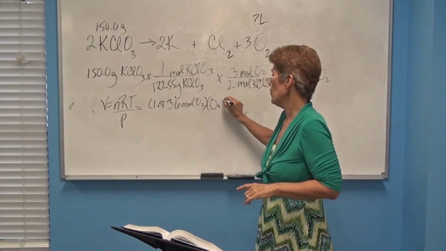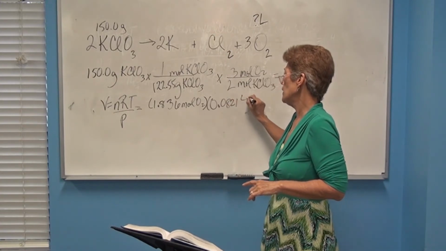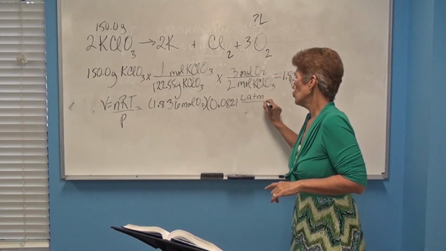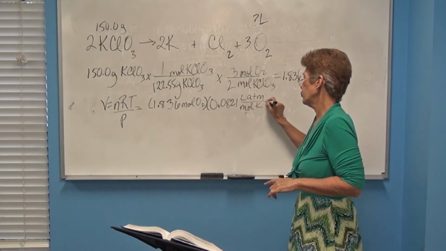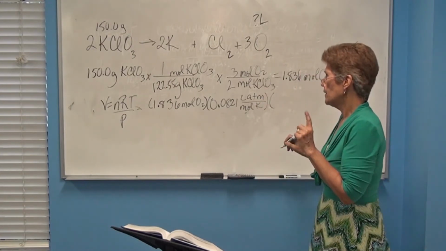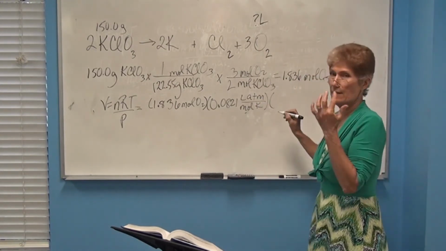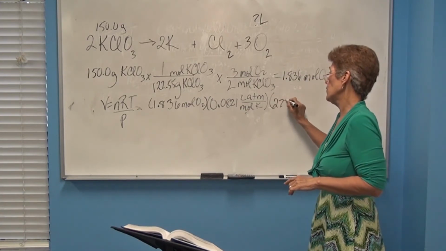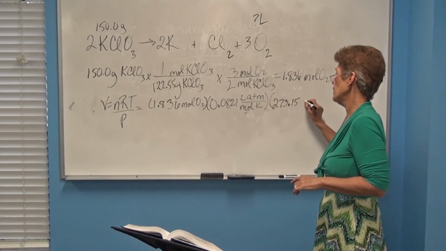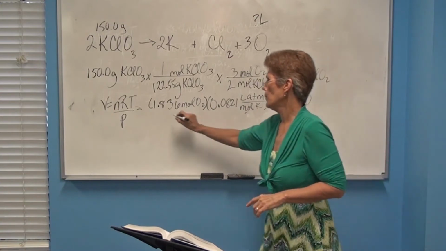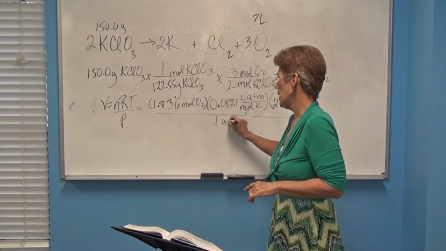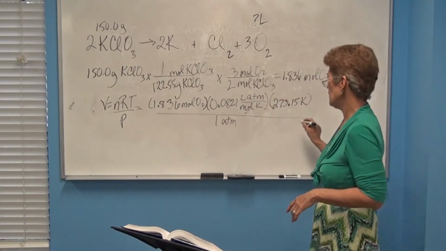R we know is 0.0821. The temperature, it's at STP, so that's 0 degrees Celsius, so 273.15 Kelvin. And the pressure is at 1 atmosphere because it's at STP.